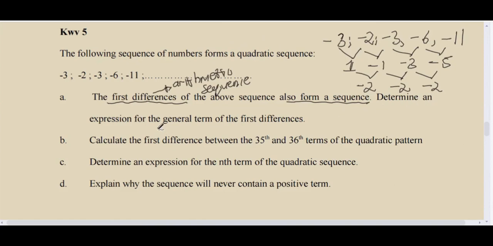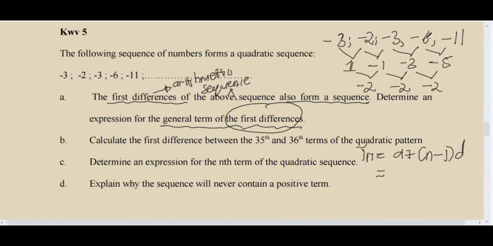Now they say determine an expression for the general term of the first differences, right? Now note, we are not trying to calculate the nth term of the quadratic sequence. We are trying to calculate the nth term of the arithmetic sequence, because we want an expression for the general term of the first differences, which happen to be the arithmetic sequence. So this is Tn is equal to a plus n minus 1, and then we have d. What is our a? Note, the a that we are going to use is not for this one.